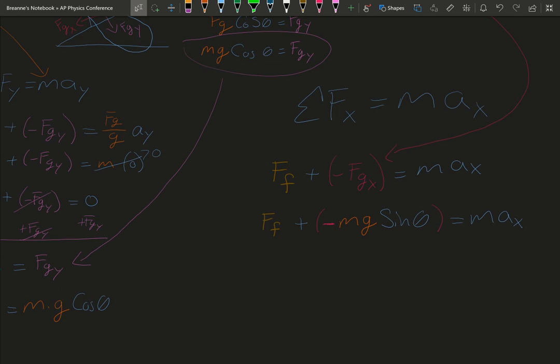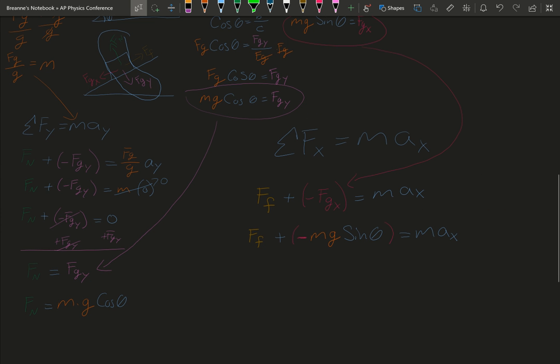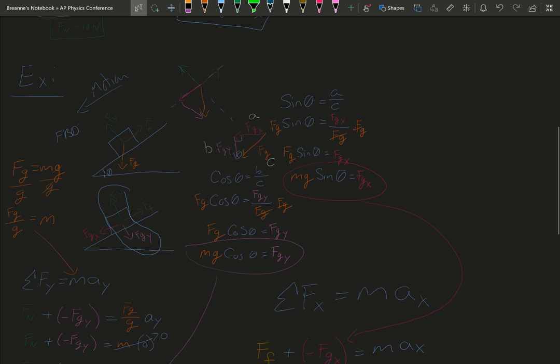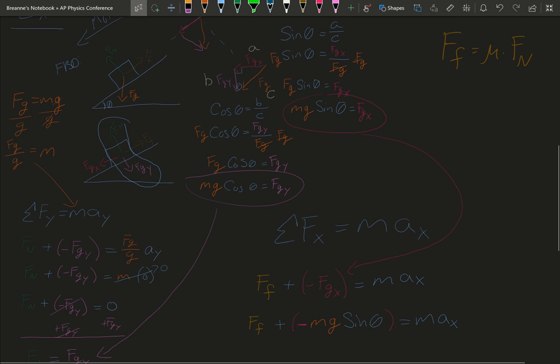Now, we could have left it like that, figured out what we need to solve for. But we now know force of friction has its own special equation. Our force of friction is mu times normal force.